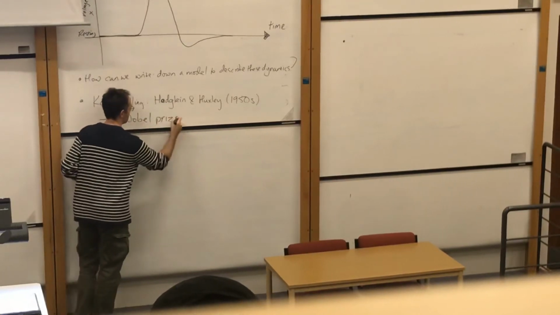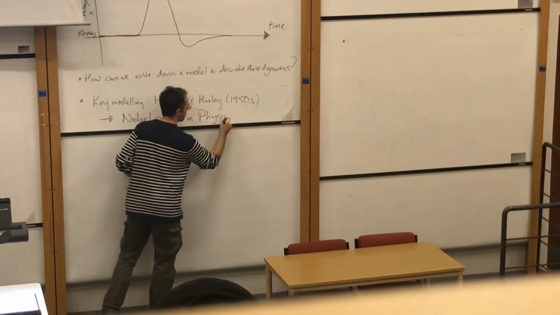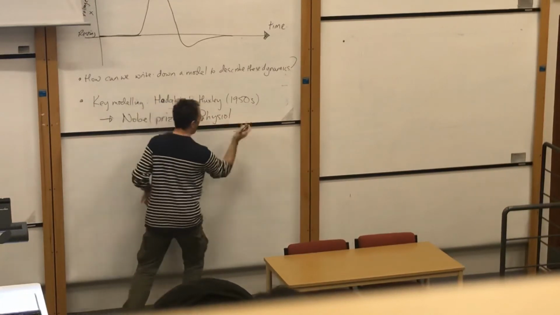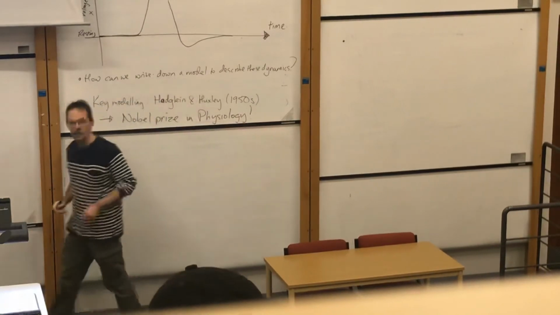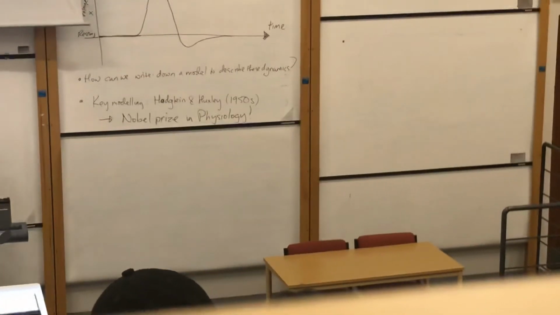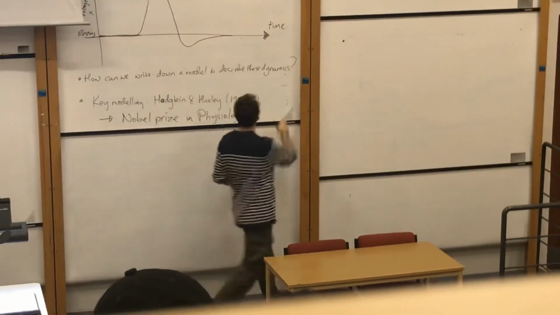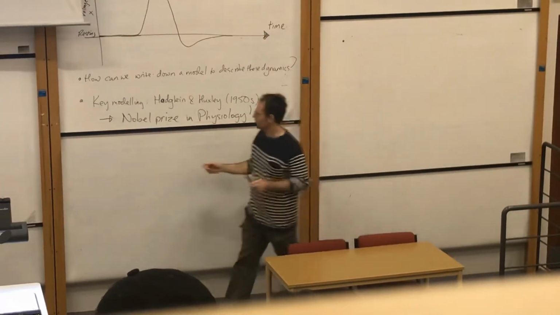So it was one of the key success stories of mathematical biology, because it showed how the mathematical modelling was absolutely key to this whole process, and it really was key to understanding how these dynamics were being controlled.